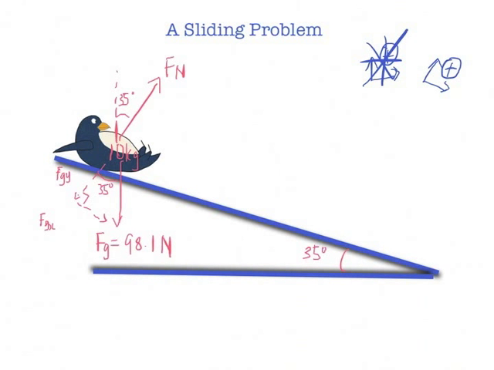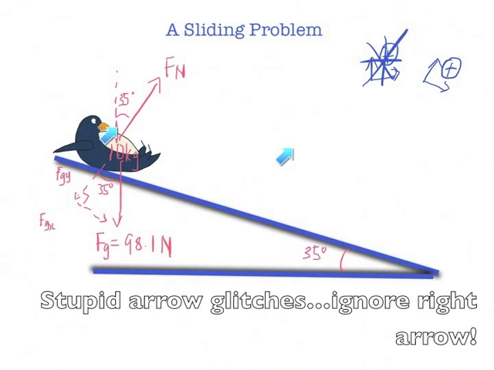I need to remind you why this is 35 degrees over here and over here. Remember, we flipped the axis by 35 degrees from the horizontal. That means in terms of the vertical line, our normal force will now also be tilted 35 degrees clockwise. And so by opposite angles, we have 35 degrees and 35 degrees.